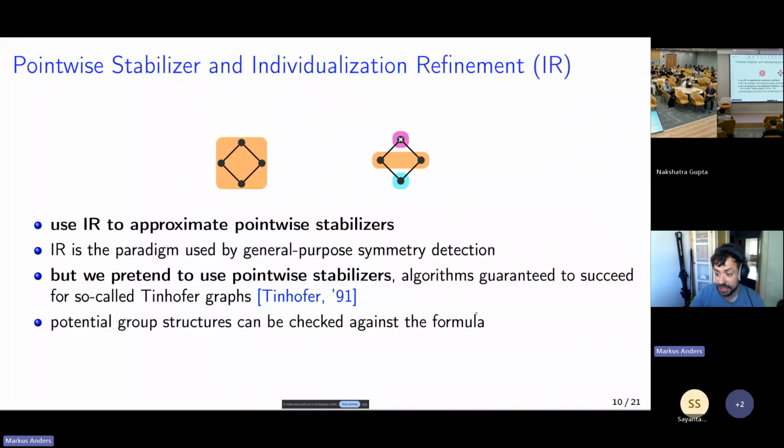Well, it's okay because in the end, we can just check whether the structure that we supposedly found is actually a symmetry structure in the formula. I've talked about this earlier. If we have a candidate permutation, we can efficiently check whether it actually is a symmetry. And this is why this approach is correct. In the end, we do this check for a certain set of candidate permutations and ensure that the structure is actually there.